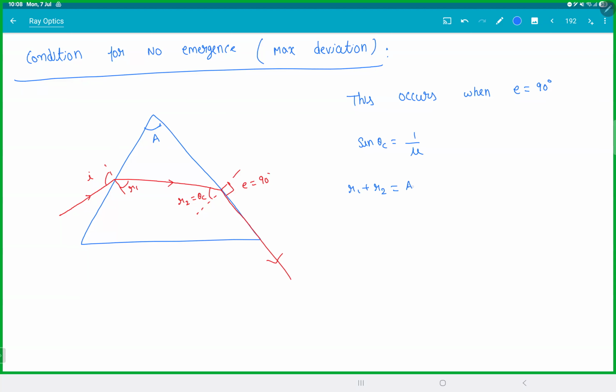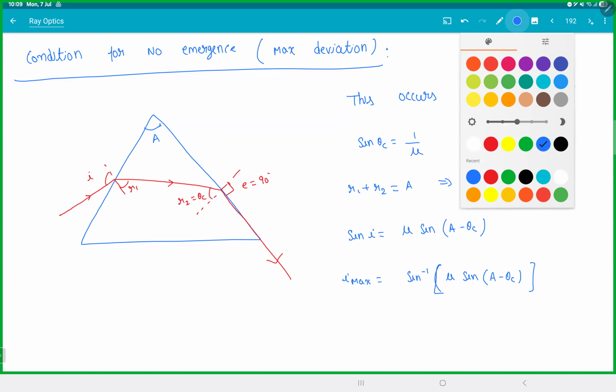R1 plus R2 is A. So R1 is A minus theta critical. Sin I is equal to mu sin R1, which is A minus theta critical. So from here you get maximum angle will be sin inverse of mu sin A minus theta critical. This is your maximum angle of incidence.